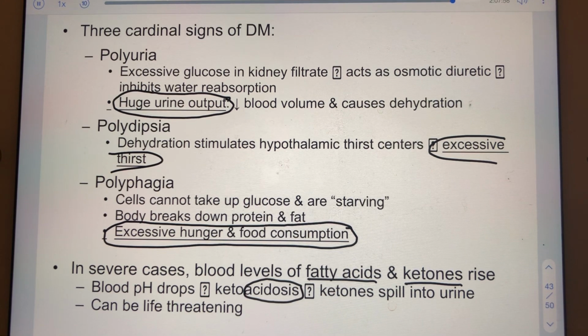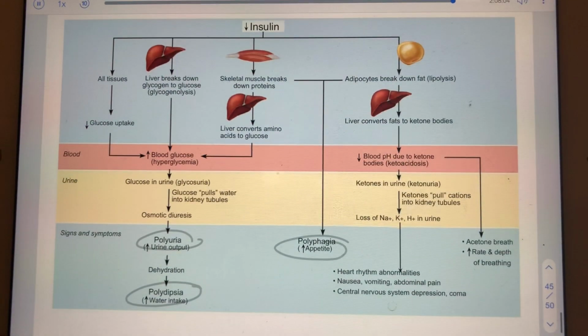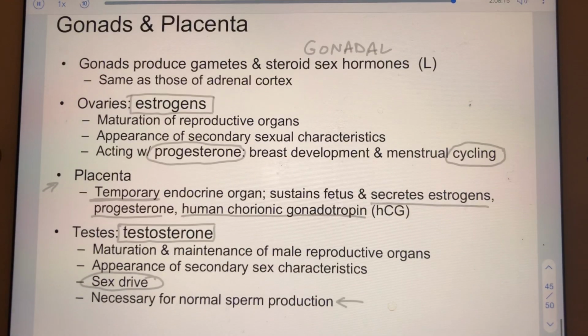No thank you. Can therefore be life-threatening. Slide 45. Personally, I don't get too much out of this flow chart, but certainly it helps to drive home our 3 cardinal signs. Okay, let's move to slide 46.